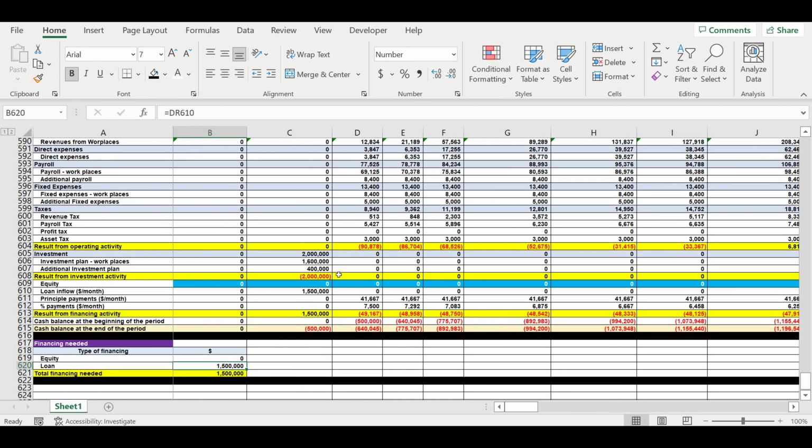And we also go to our cash flow statement. We are looking at the last line of the cash flow statement. We can see that here we need this amount of money. Here we need this amount of money. So we are traveling from left to right.